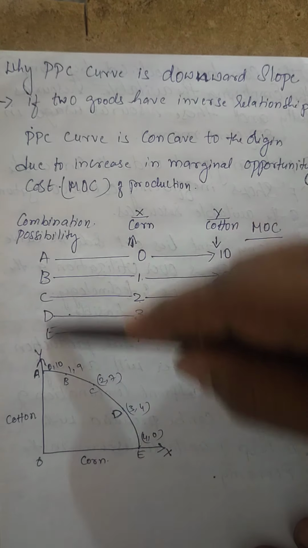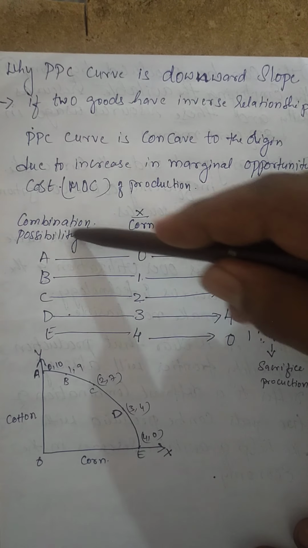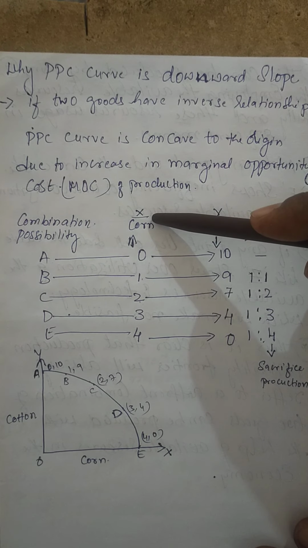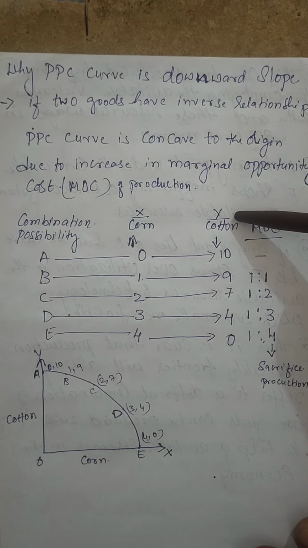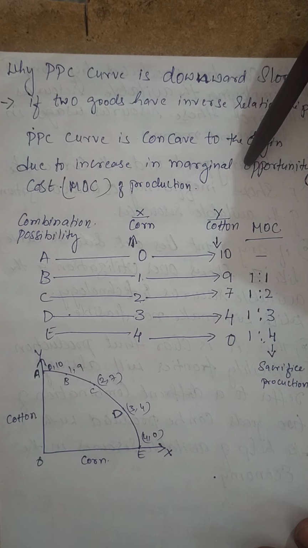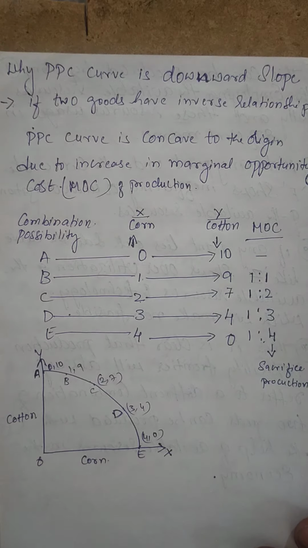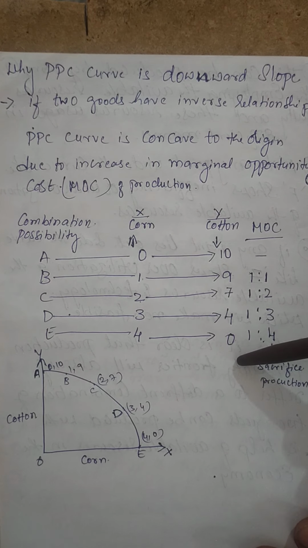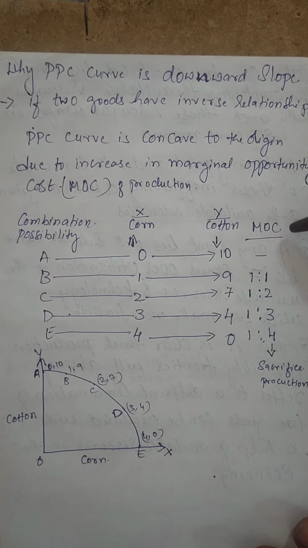This is the possibilities of combinations, corn and cotton. In the x-axis we have corn, in the y-axis we have cotton. So here it is increasing, isn't it? Marginally this particular product is increasing, and because of that it is sacrificing. Very clear. That we call MOC.